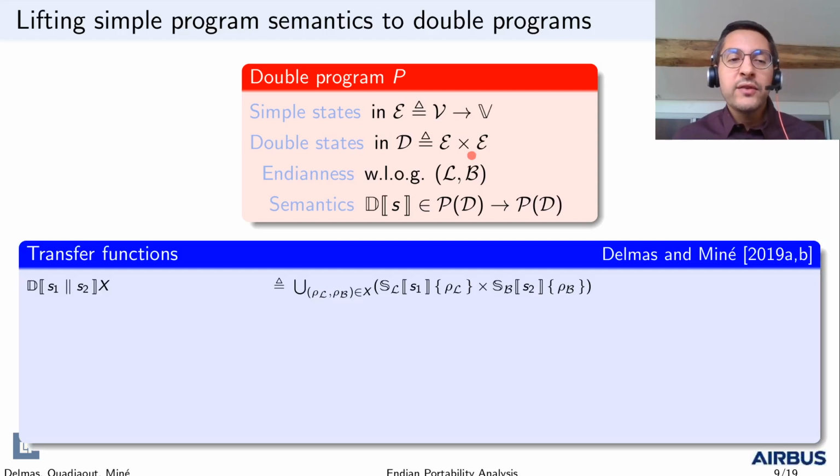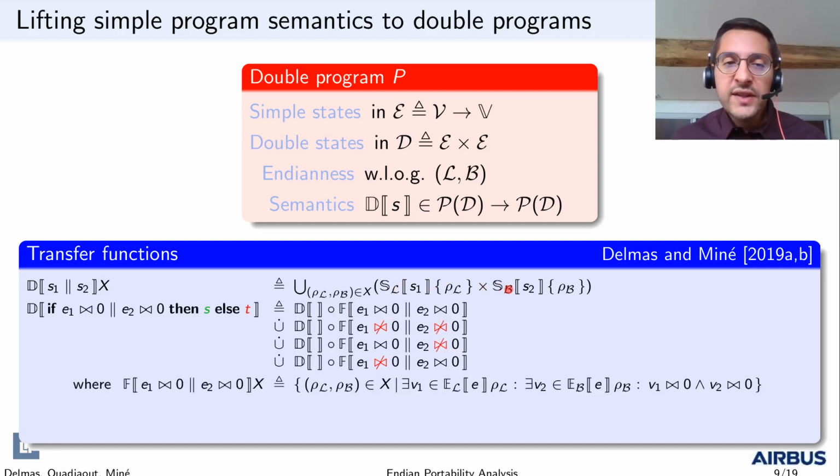Now, to define the transfer functions, we leverage previous work on patch analysis. The semantics for two different statements running in two different environments is just the pairing of the semantics of individual statements as computed in their respective environments.